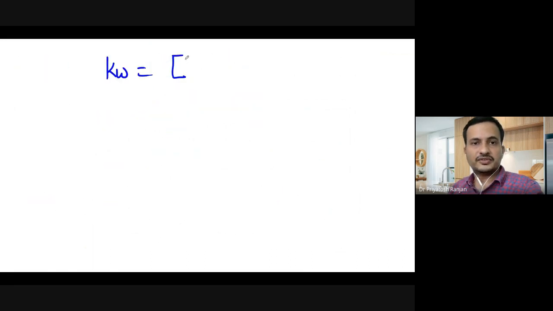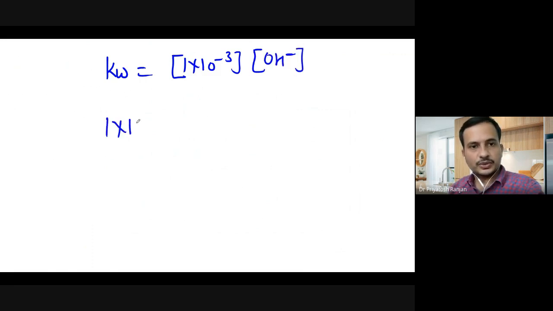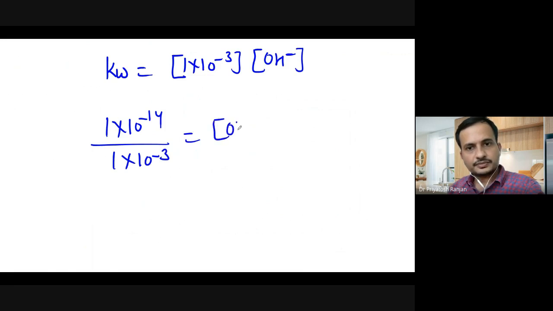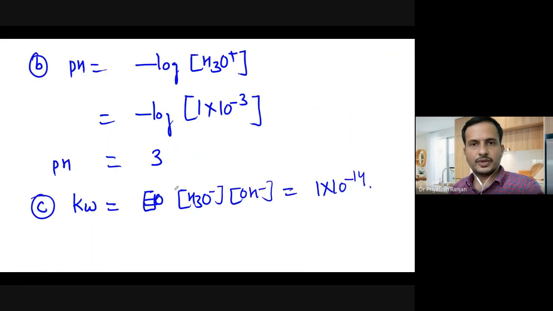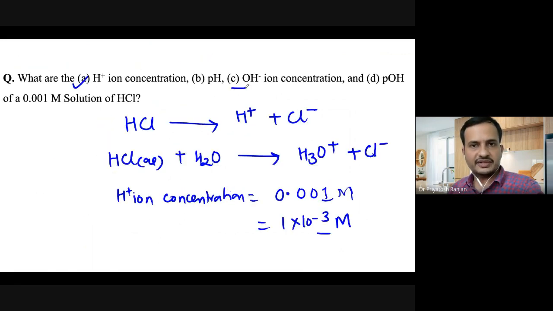So we'll put this value 1 into 10 raised to the power minus 3. OH minus ions I need to calculate. Kw, we all know that is 1 into 10 raised to the power minus 14. So what is the value of OH minus ions going to be? It's equal to 1 into 10 raised to the power minus 11. So I hope C part should be clear to each and every one of you.